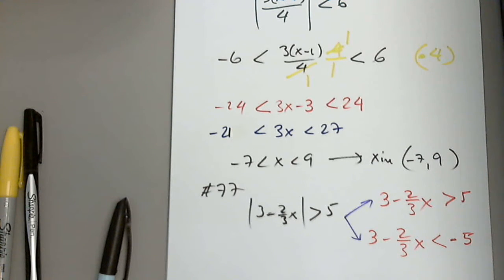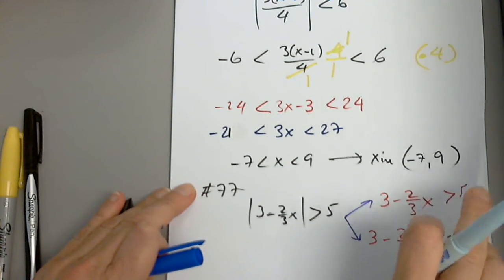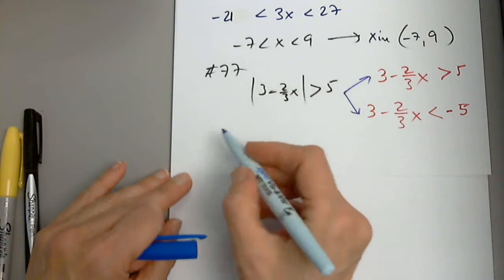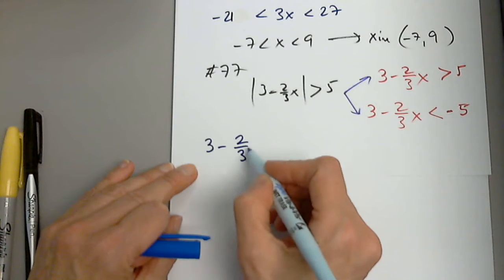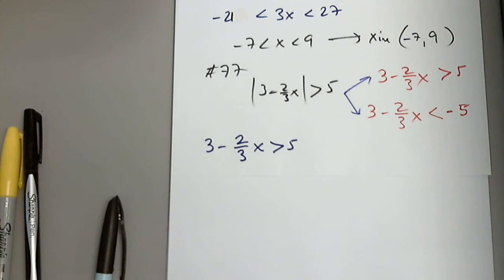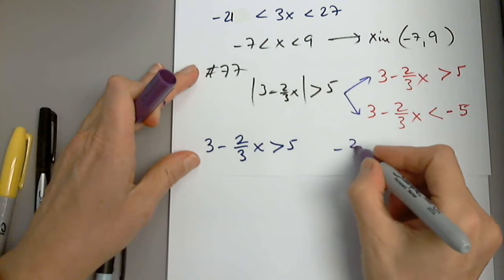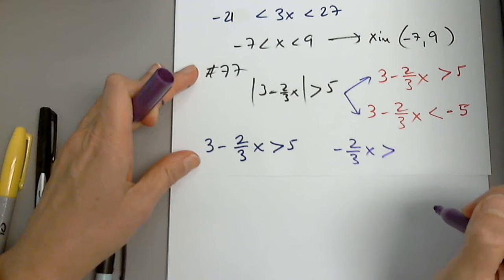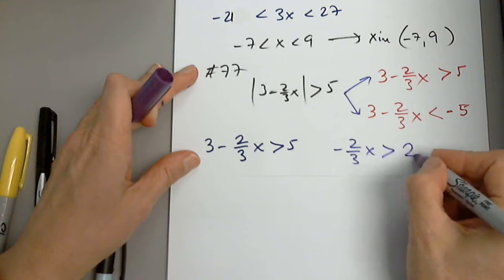Okay, so again, don't be afraid of fractions ever, please. We can get rid of them very easily. So let's take the first one, 3 minus 2/3 x greater than 5. I recommend move this 3 to the other side first, and then get rid of negative 2/3. So if I move 3 to the other side, what do I get? Negative 2/3 x greater than 2. Very good.